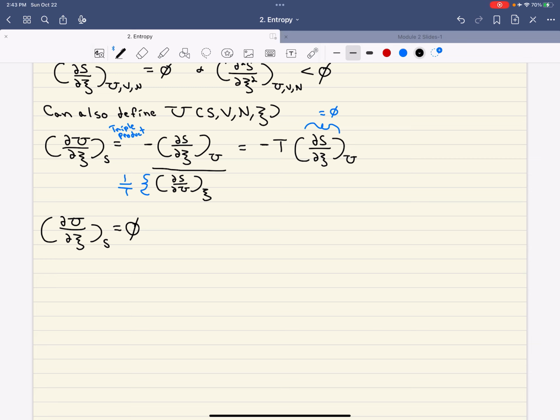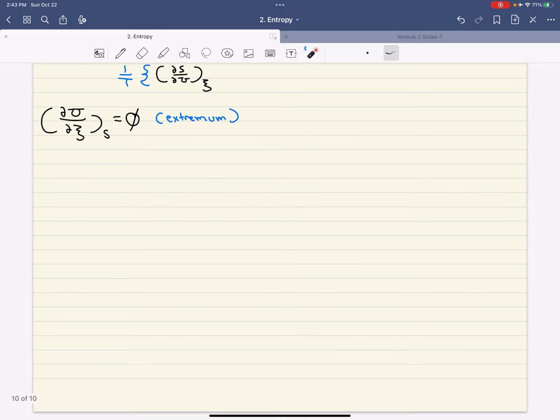So we find that if we're minimizing energy, the partial derivative of that energy with respect to this variable also gives us an extremum. Now the next step, in order to determine that at this extremum the energy is minimized, we need to take the second derivative of energy with respect to psi at constant S.